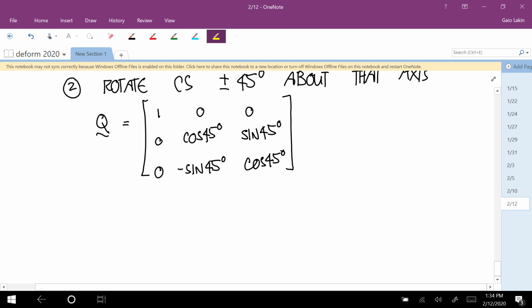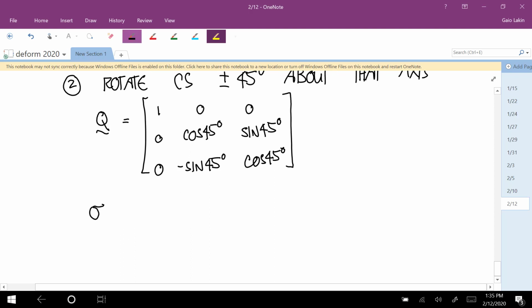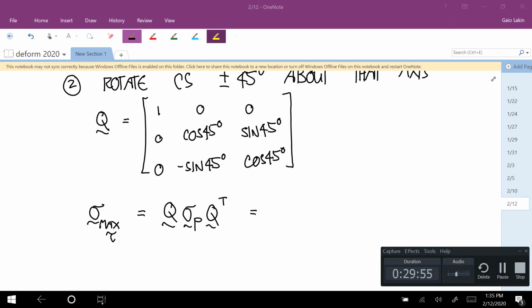Okay. And our new stress tensor that has the max shear stress value is going to be Q times our principal stress tensor times Q transpose. And if we do this, we should end up with a stress tensor that has a 7.5 in one of the shear spots. But we'll have the whole stress tensor. So let me just pause.